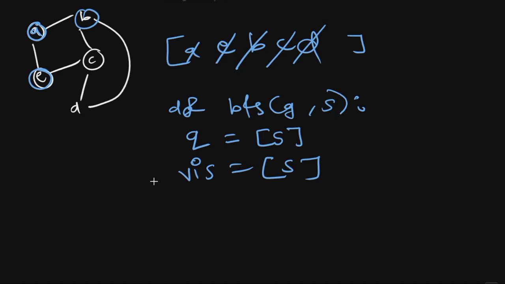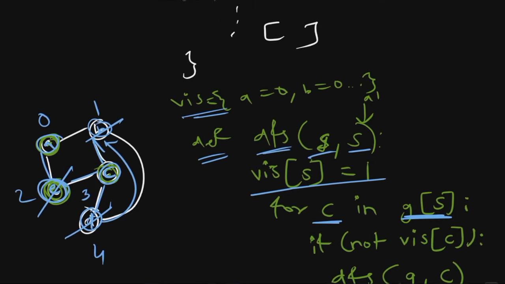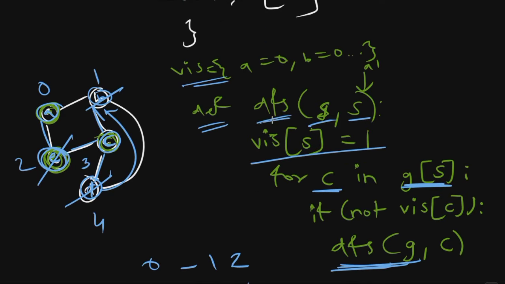Now you might have a question: why are we using visited inside the function here, while in the DFS case we used it outside the function? In DFS, we are performing recursion. For recursion, the data we store in the function doesn't persist, and it changes for each function call.